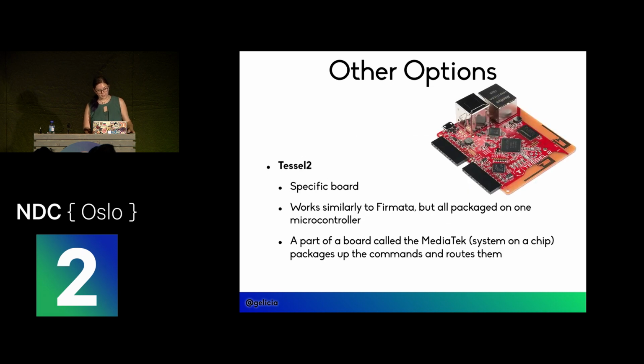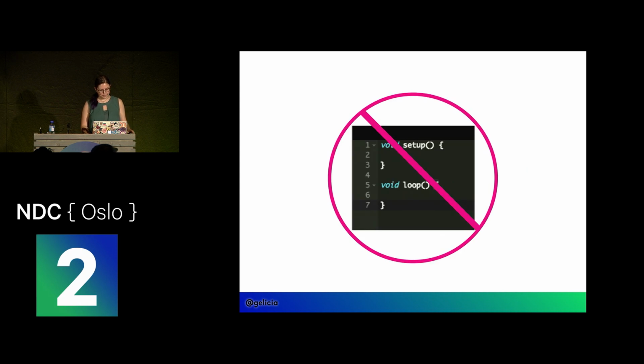Another option is the Tessel 2, which is a specific board. This is a board and something that goes along with the board, and it's all packaged together on one thing. It does have wireless and everything too. And it just packages up commands and then routes them to where it needs to go, like the Arduino code. So with this stuff, there's no setup, no loop.